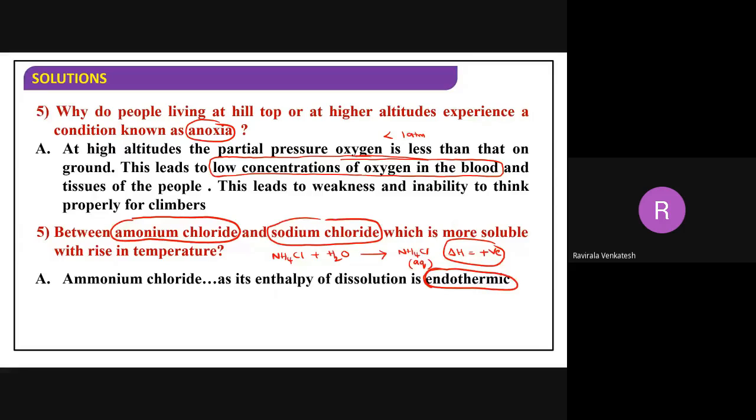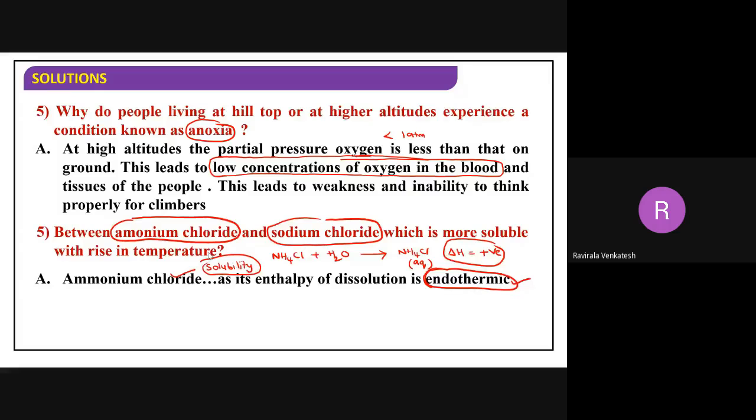When you increase the temperature, the equilibrium should decrease that temperature. The temperature will be decreased only in an endothermic process. In the endothermic process, the forward process takes place. Definitely solubility increases here. In the case of ammonium chloride, solubility increases.